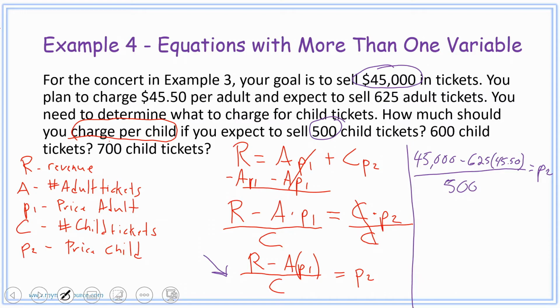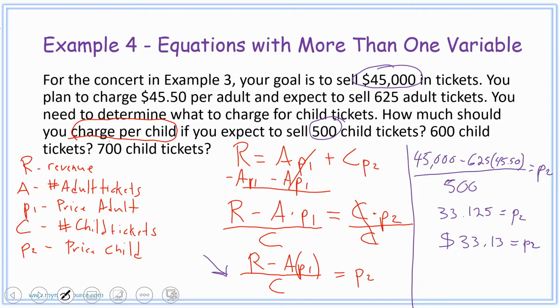The original number was 33.125, but since we're dealing with currency, we're going to have to round that to 2 decimal places. And so with 5 there, that's going to round it up to 3. So that's going to be $33.13 that we will charge for a child ticket if we want to reach those expectations listed in the question.